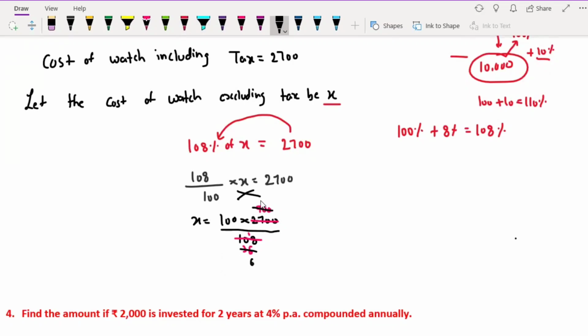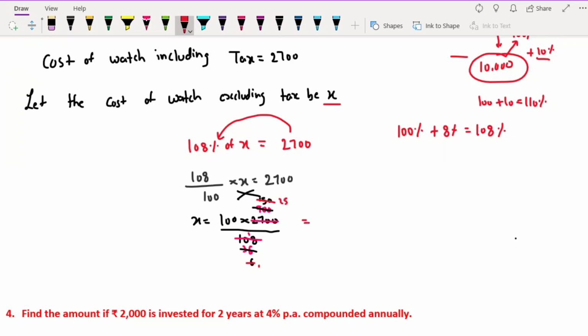If you don't want to do any cancellation, directly multiply and then divide. Okay, you will get the right answer even then. Once again, 6 ones are 6, 6 twos are 12, 3 is remaining, 6 fives are 25.